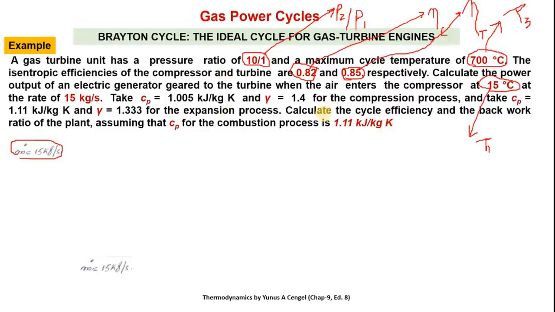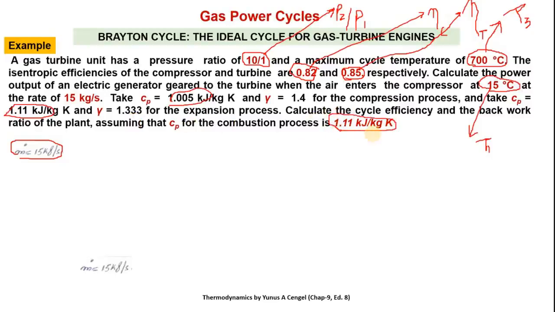So in this problem, the value of Cp is not a constant for the whole cycle. For various processes, we have to choose different values of Cp: during the compression process, during the expansion process in the turbine, and during the heating process in the combustion chamber. So these are the three different values of Cp.